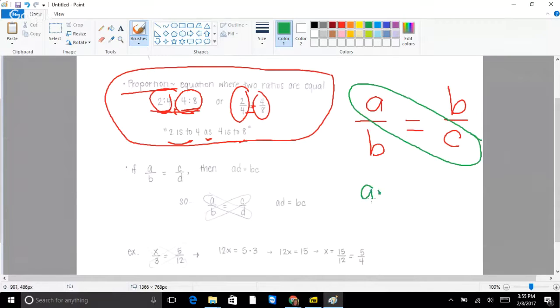Oh, I totally messed up my letters here, guys. Sorry. A times D should be equal to B times C. If the proportion is true, then this should be true as well. Okay, and so this is actually really, really useful. Let me clear this off again.